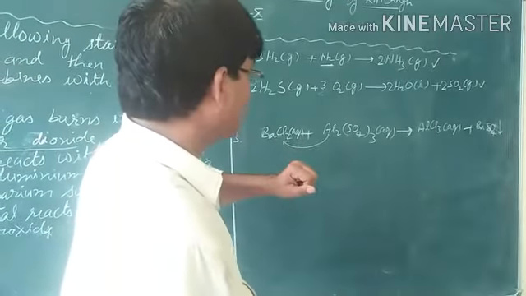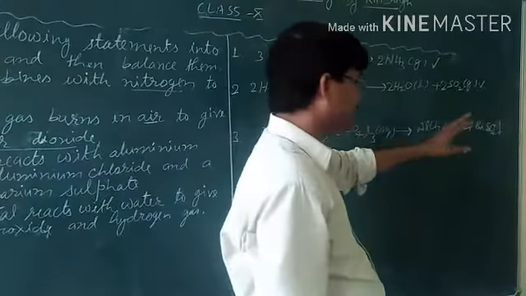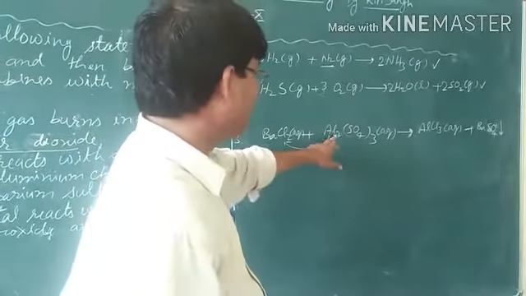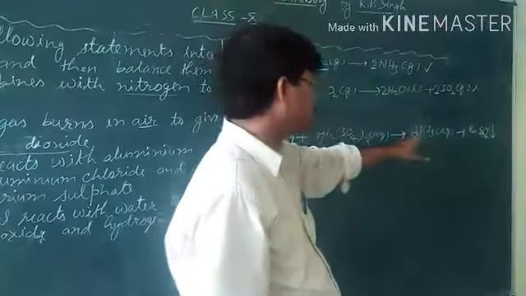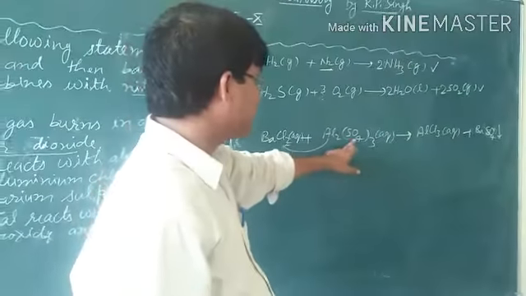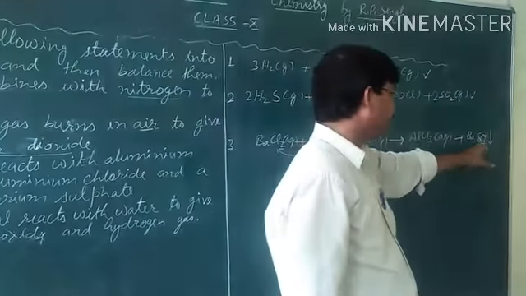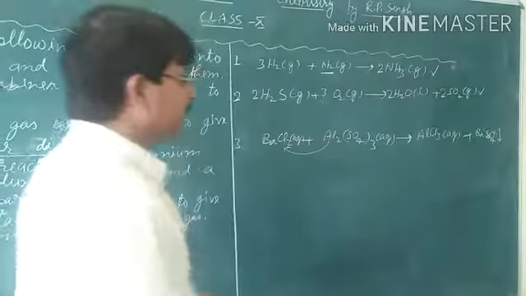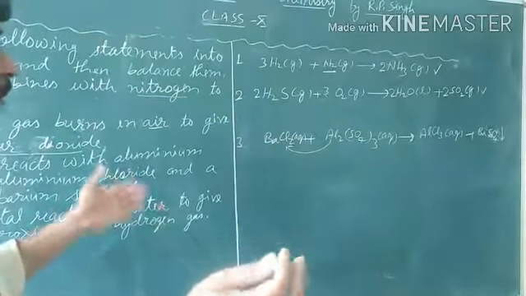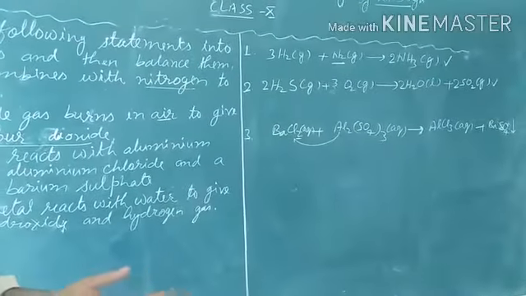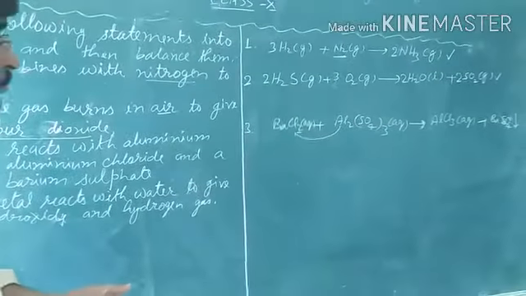Chlorine is 2 and chlorine is 3. This is not balanced. Aluminum is 2, aluminum is 1. Not balanced. Sulfate is 3, and here sulfate is only 1. So this is a big problem according to the balancing.